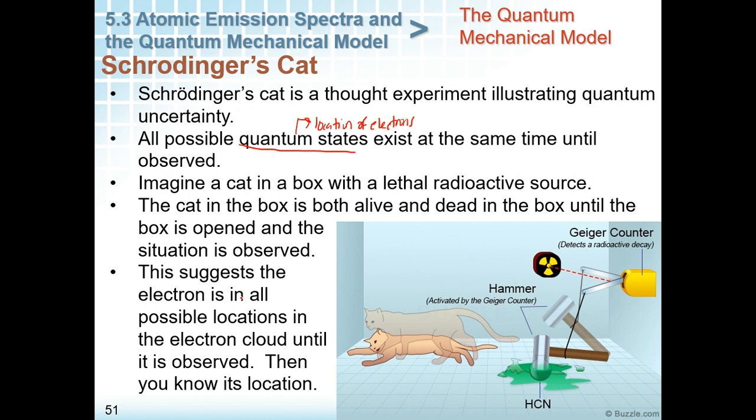Unfortunately, we can't just observe things in electrons with our naked eye. We have to use indirect methods. So this suggests that we have to basically assume that an electron is in all possible locations in an electron cloud until we are able to determine its location. And then, of course, the moment we determine its location, it moves. So it's a never-ending guessing game.